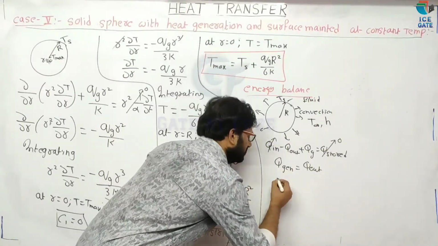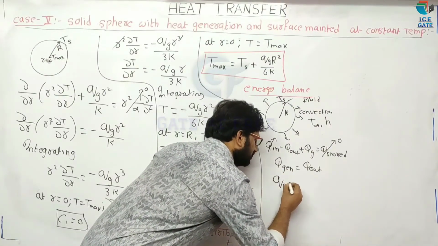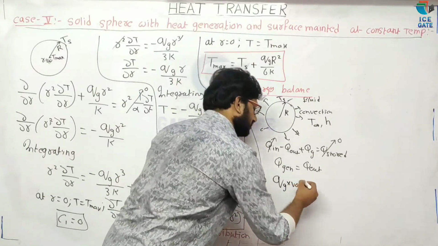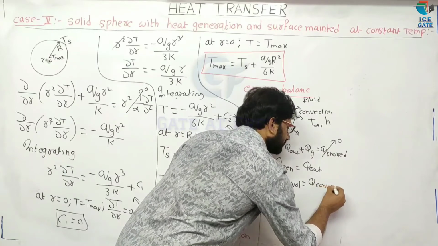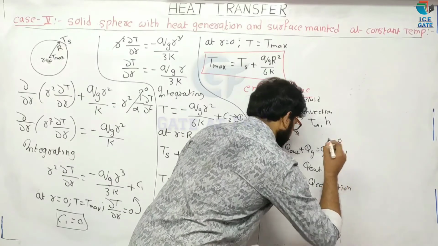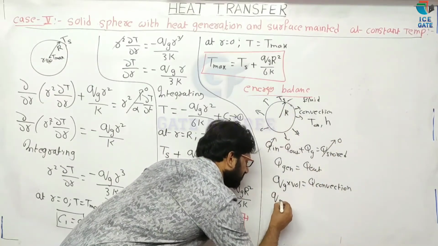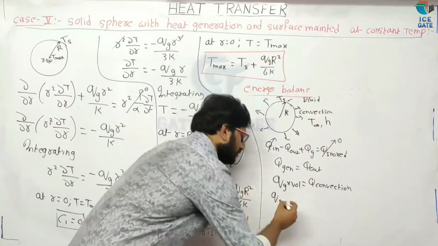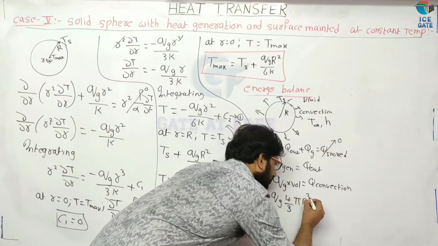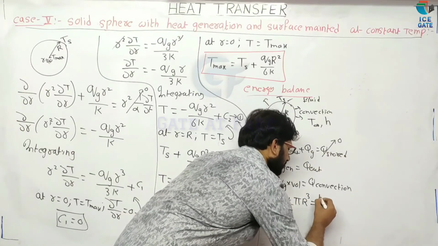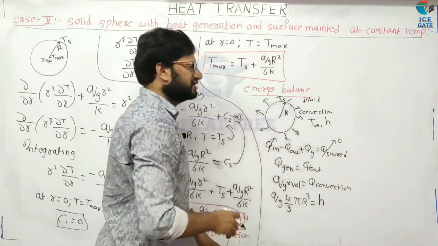Therefore, Qg, that is small qg into volume of the sphere, is equal to Q out, which is in the form of convection. What is the volume of a sphere? 4/3 π r³ is equal to the convection formula h into surface area.